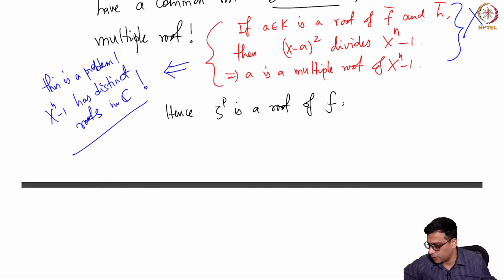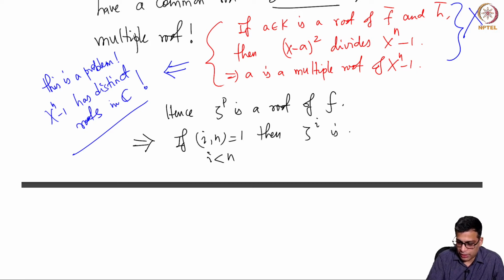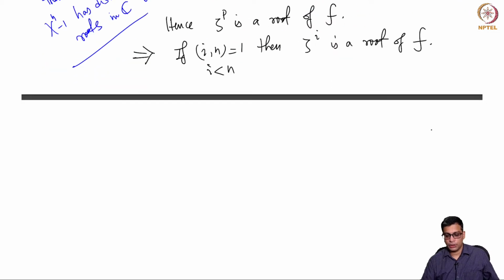Now this is an immediate implication. Now we can show that if I and n are co-prime and I is less than n, then zeta power I is a root of f. Why is this?